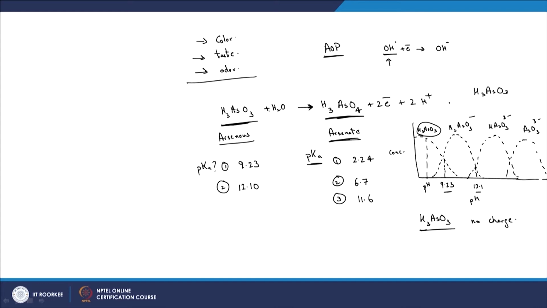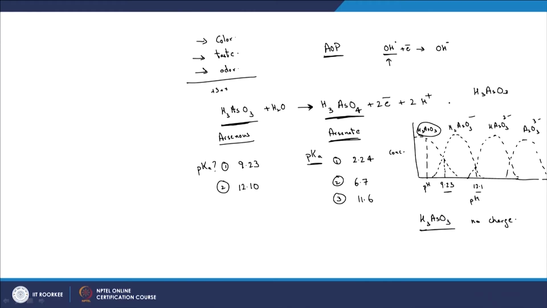So here it's AsO3 and AsO4, thus arsenic in this arsenate form is the more oxidized form. Oxidation state: plus 3 plus x and minus 6 is equal to 0, x is equal to plus 3. So if it's 2 electron transfer here, it's going to be plus 5. So the oxidation state of arsenic here is plus 3 and here it's plus 5, right?